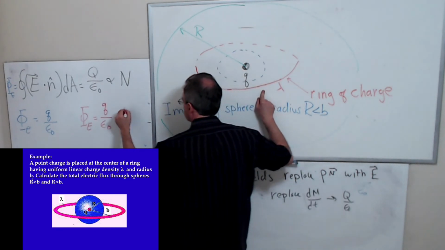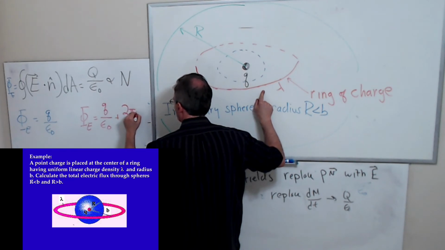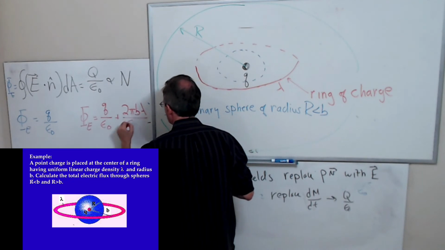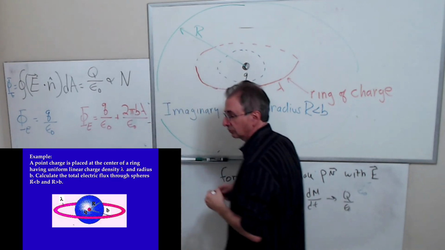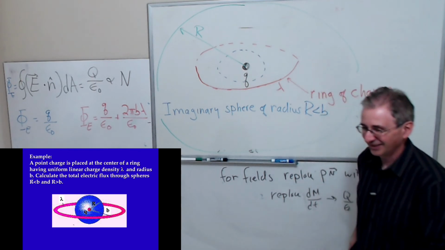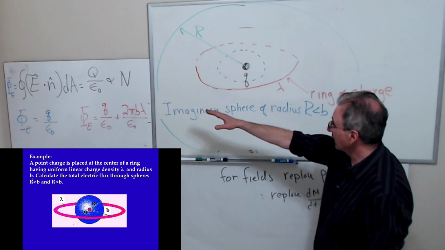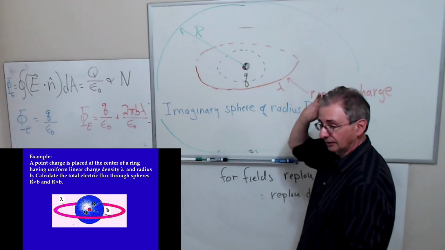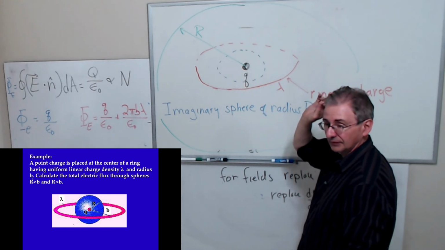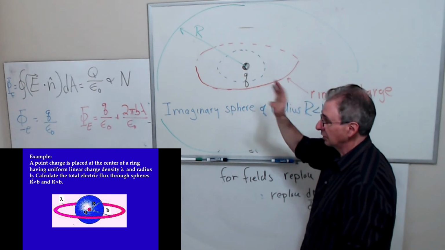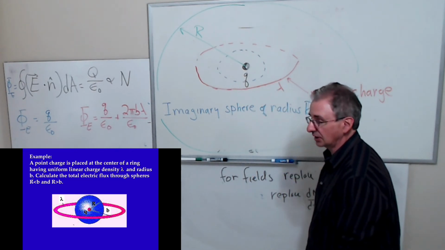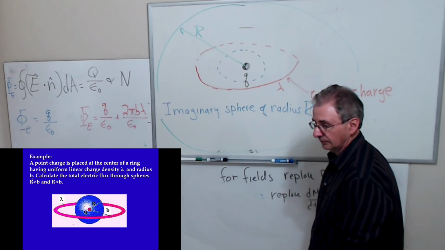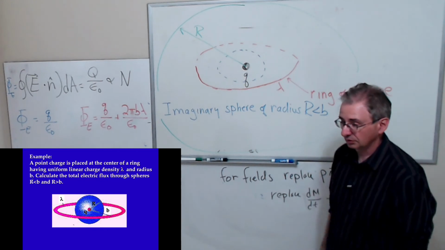Well, it's the circumference of the ring times lambda, for radius greater than b, and I'm done. I don't have to do any calculus, because that integral says that the integral of the electric field over the surface is equal to the charge enclosed over epsilon naught.